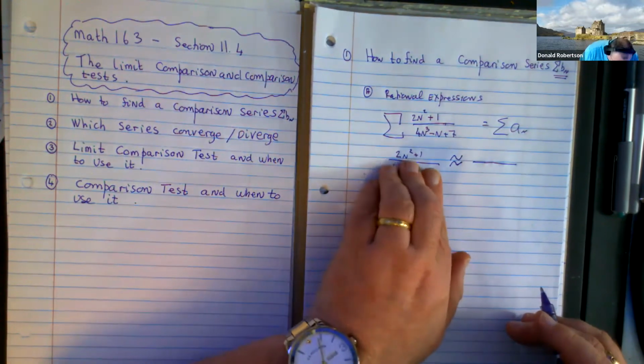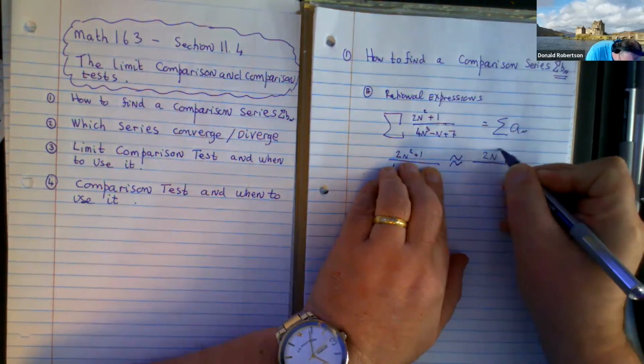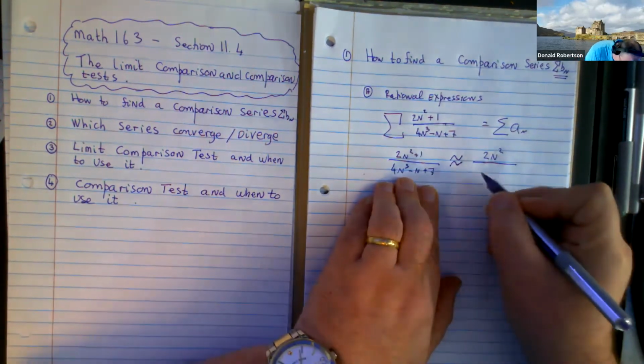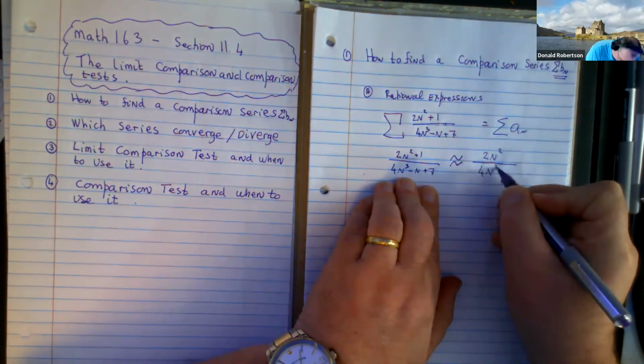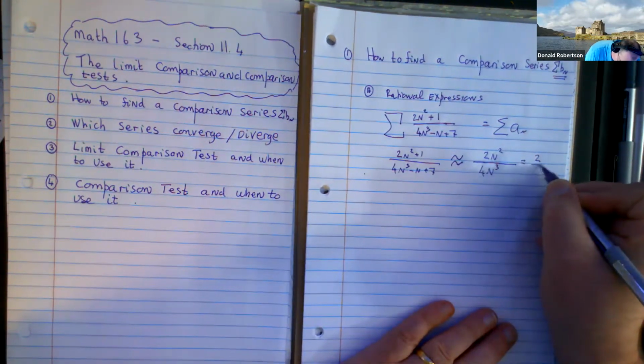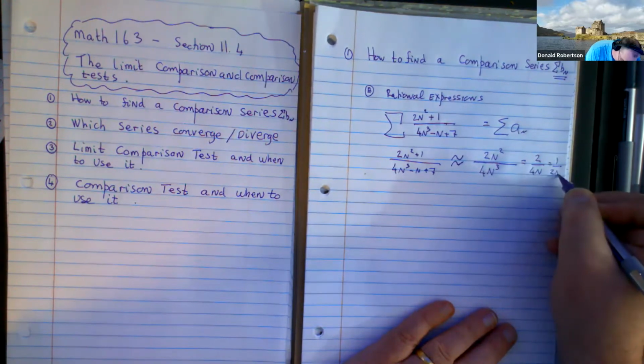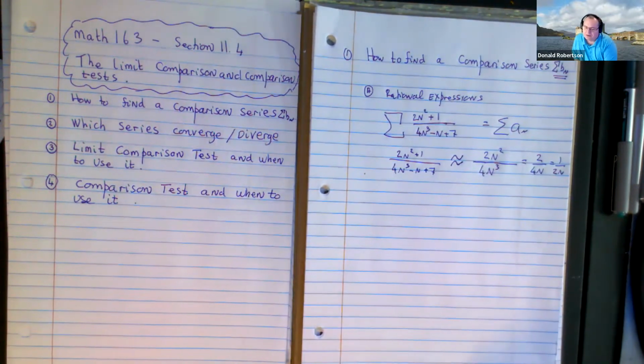The way you do it is quite simple. Take the biggest power on the top. Do you see it's 2n squared? Put that down. On the bottom, take the biggest power, which is 4n cubed. And then you can simplify that. And it's that.